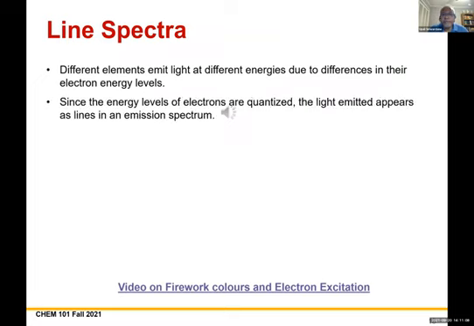Since the energy levels of electrons are quantized, they can only have certain energies. Light energy appears in lines as an emission spectrum. When light emitted by an atom only shows certain energies, we get line spectrums.